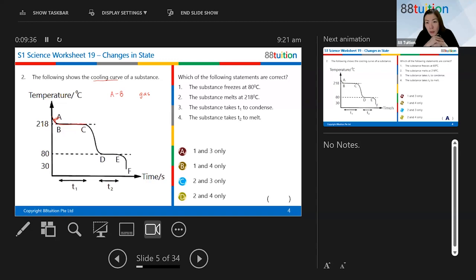What is that process known as? Yes, this is condensation. So what are the states over here for B to C?